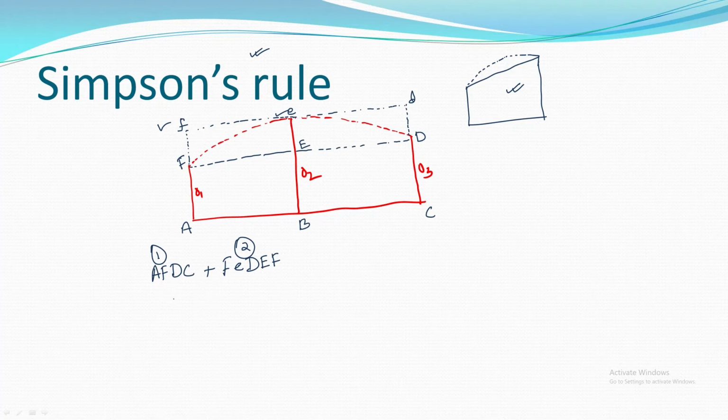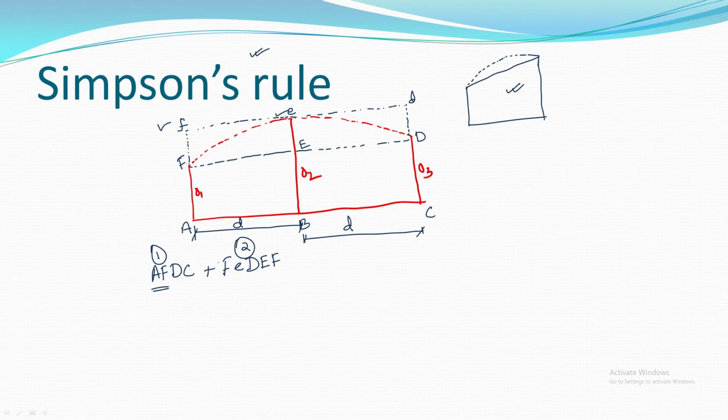The first one, the area of this trapezium AFDC, is very simple. One more thing, the common distance is this one, that is D, and here it is also D. This is the common distance, that means the distance between 2 consecutive ordinates, right. To determine the area of AFDC, what will be the value?